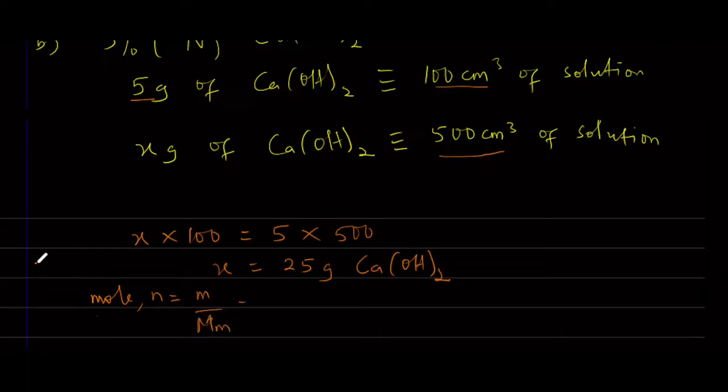Then we obtain 25 gram over 74 gram per mole, and that will still give us 0.340 mole of CaOH2, which is calcium hydroxide.